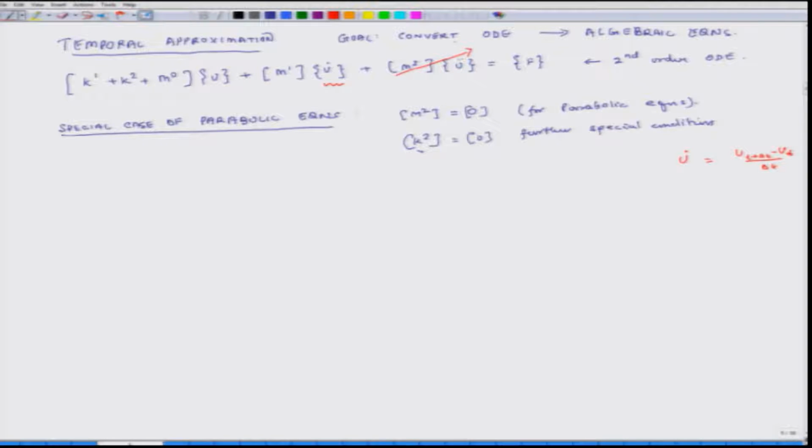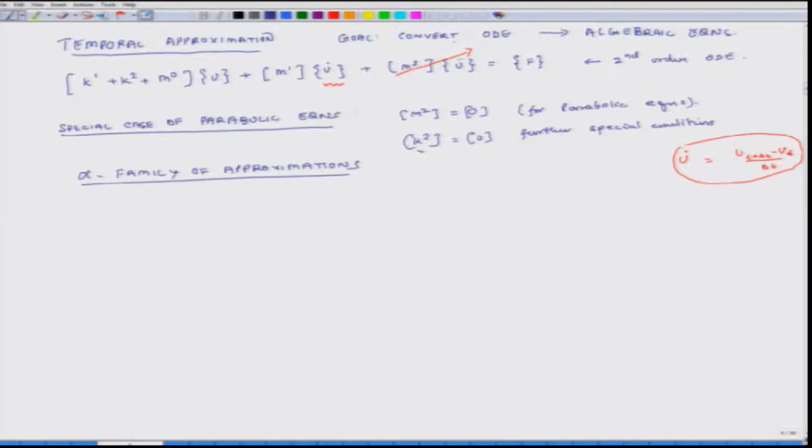So, this type of approximation is what we will use, and we will use a particular scheme of approximations to convert derivatives of time into differences of time, and this scheme is known as the alpha family of approximations. First I will write the expression and then I will explain it.